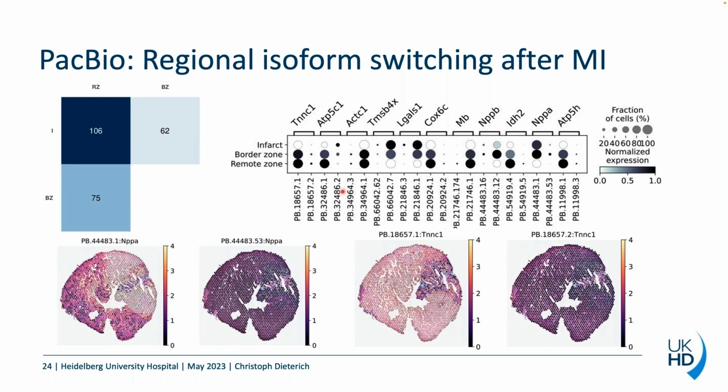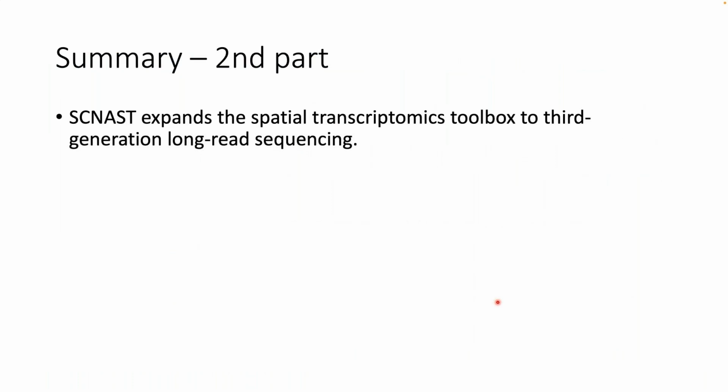Here on the dot plot, you start to see this as well: depending on which region you're looking at, the isoform expression and abundance change considerably for the individual genes. A lot of cardiac genes are listed here, markers for remodeling and hypertrophy, like NPPA, for example. This can also be projected onto the respective images, so you can see how the expression pattern changes. So very valuable information, a very rich information set.